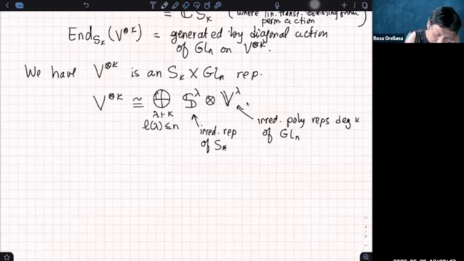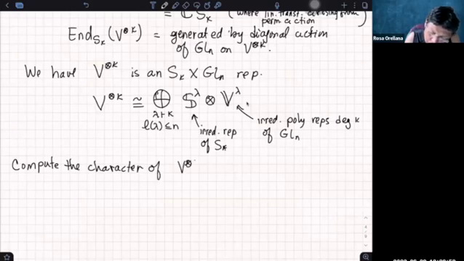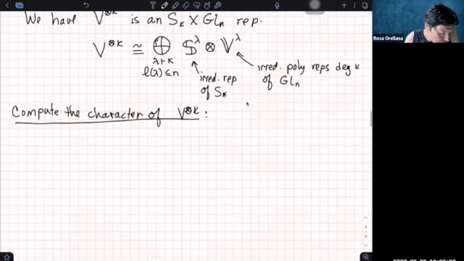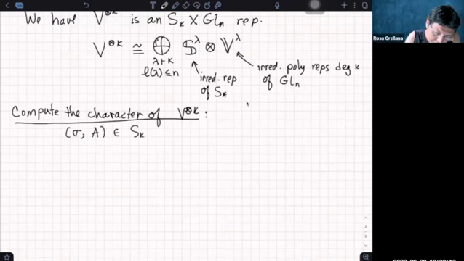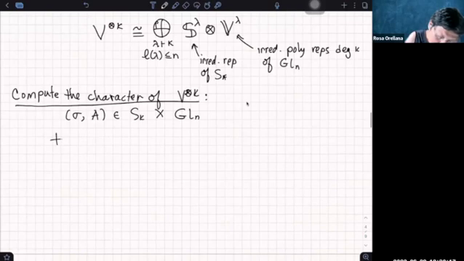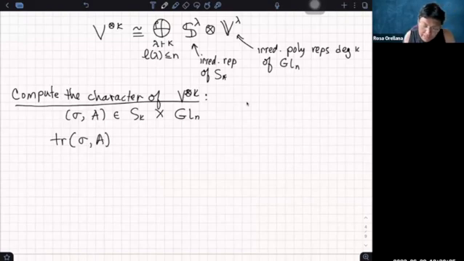Okay, so now I wanted to compute the character, since we are interested in characters. Compute the character of the tensor power V^{⊗k}. One can do it in two ways. You can do it directly. So you take an element (σ, A) contained in S_k × GL_n, and you want to compute the trace of this representation of this action.